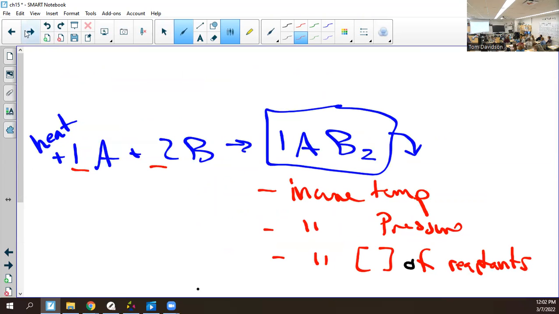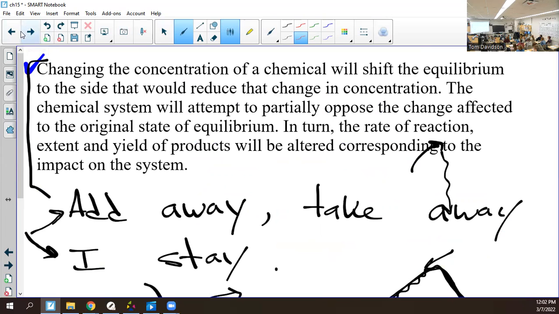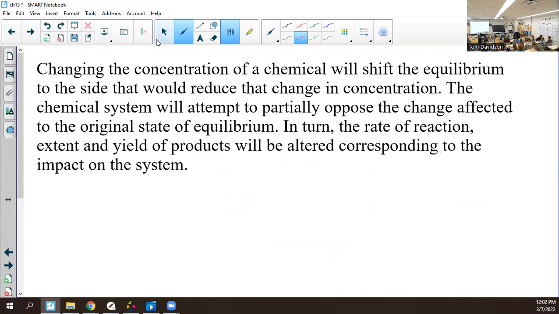All right, now we need to talk about all three types. There is changing concentration, changing temperature, and changing pressure. Those are the three conditions that will affect the equilibrium position of a reaction.